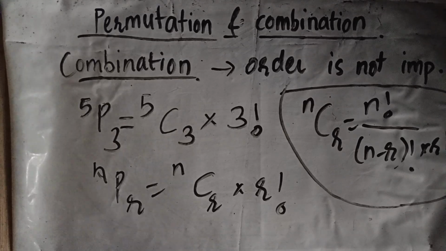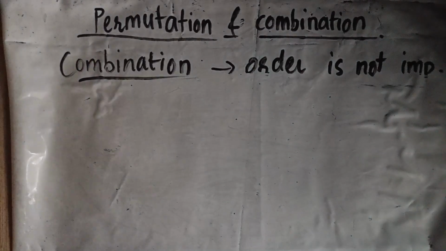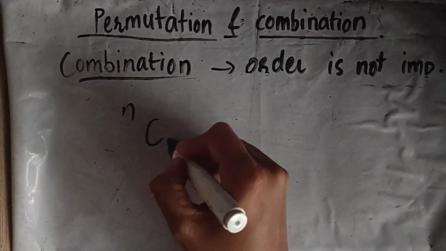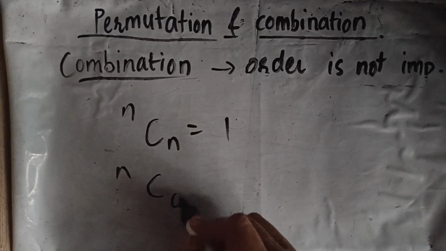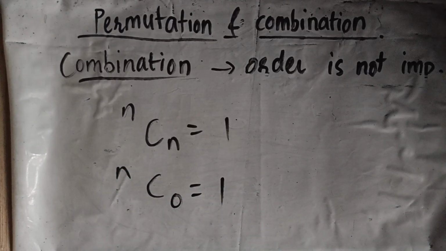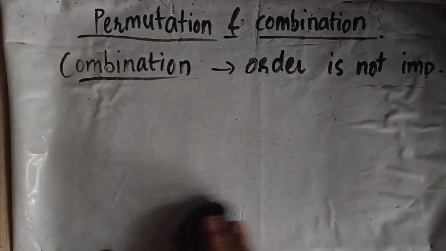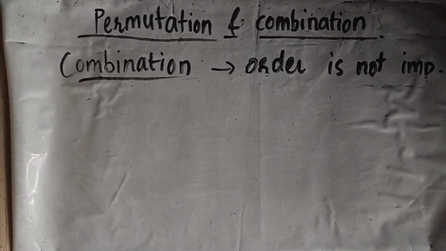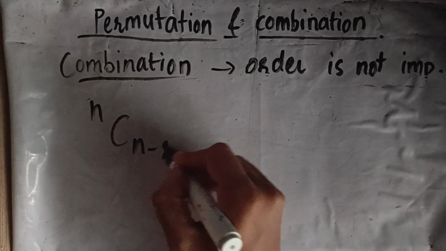If you put the value of n and r, nCn is 1. nC0 is also 1. Then we have here nC(n minus r).